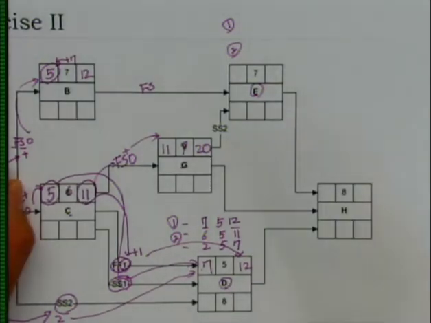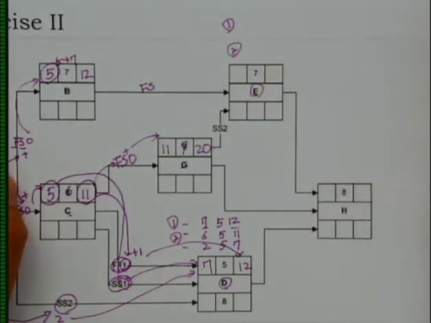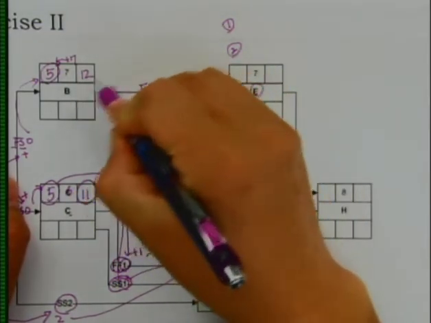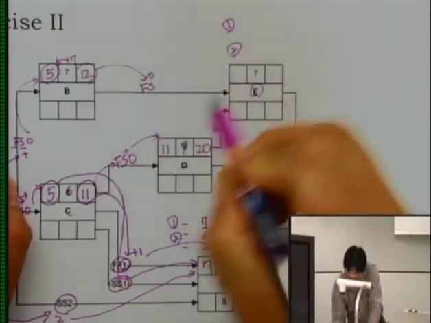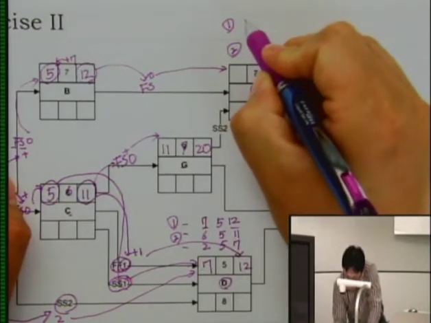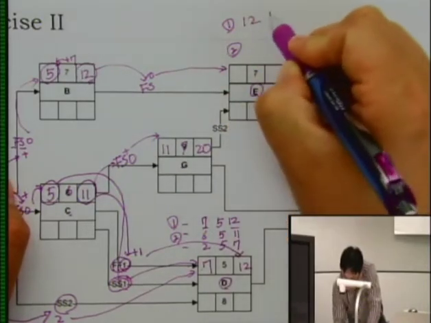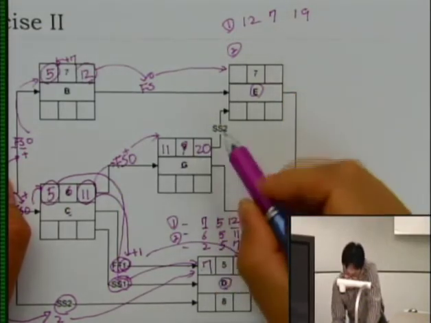Good. Okay, thank you. So this is the finish to start relationship. The early finish of activity B, which is 12, plus 0 becomes your start. So option number 1 will be 12, your duration is 7, so 19. Option number 2 will be what?